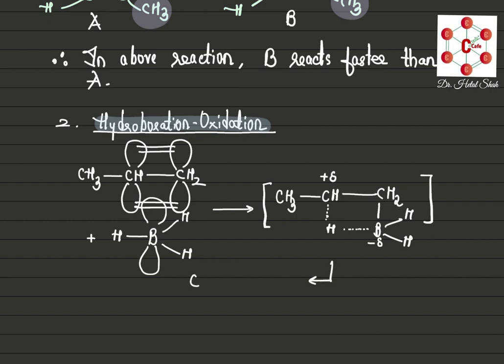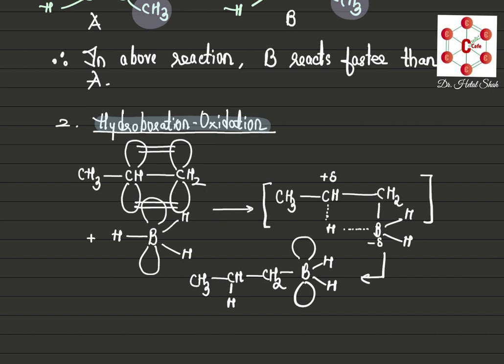Eventually, you have CH3, CH2, CH2 and BH2. Right? I can put BH2 on the other side. All okay? After this step is done, boron once again is empty.